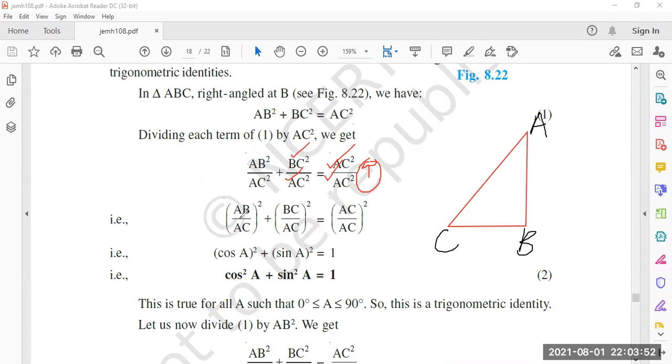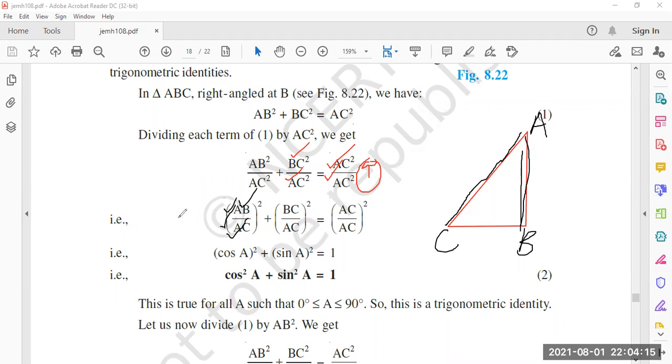Okay, now compare these ratios. We have to check which trigonometric ratio these values are. What is this AB? AB is this side, and what is this AC? This is the hypotenuse.